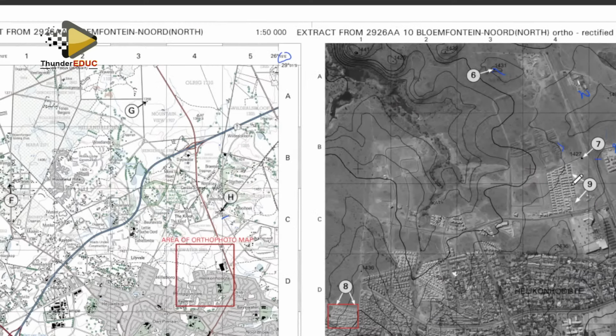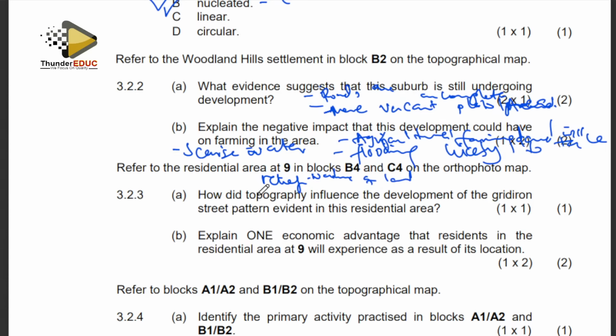This area here, you see there's the nature of the road, the construction here is in the form of those blocks or grids. How did the topography, we are looking at the nature of the land, influence the grid structure in that sense?